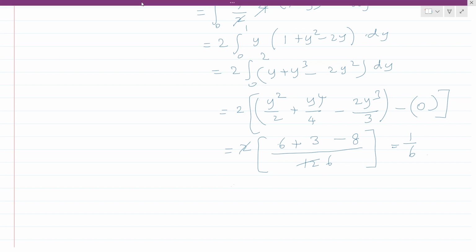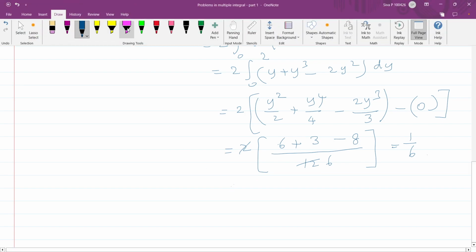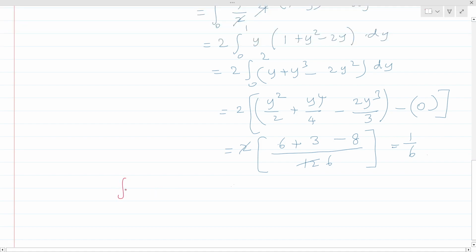So what is the answer here? That means the answer is the double integral over R. What is the question? Double integral over R of xy dx dy.